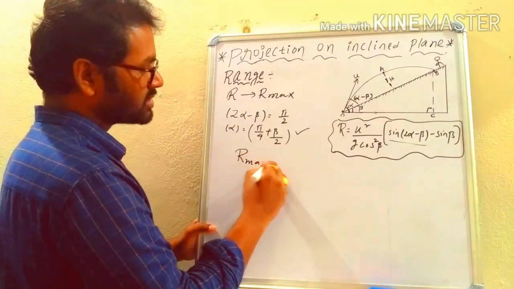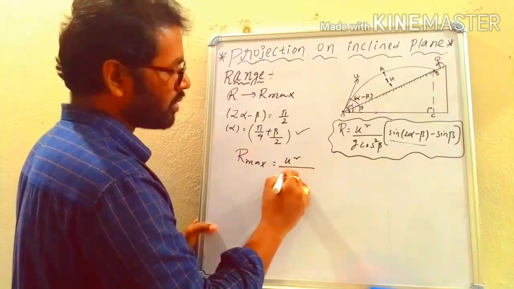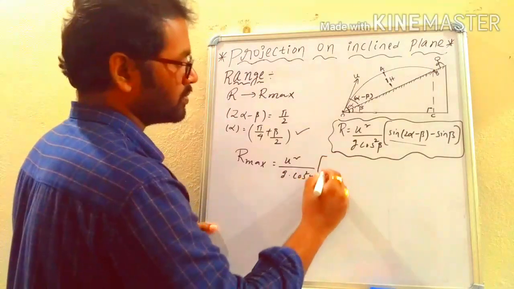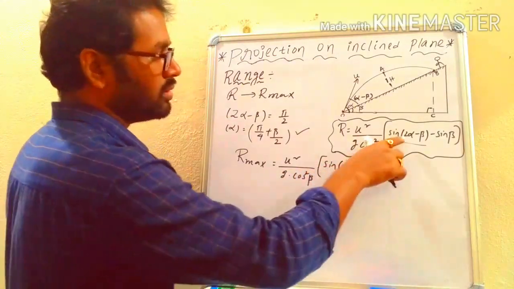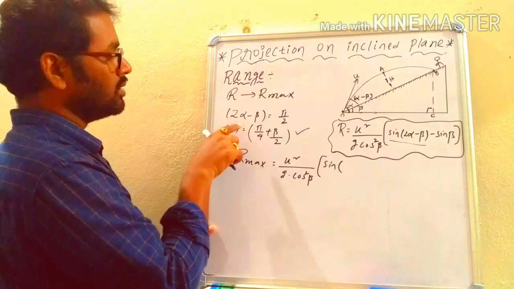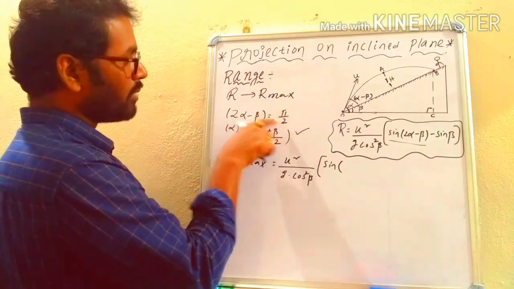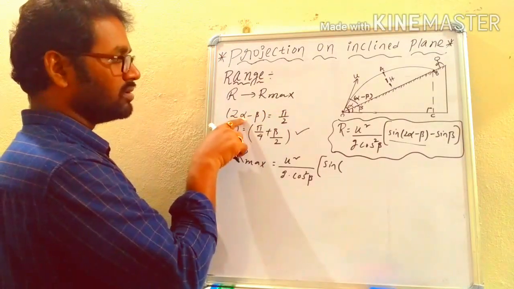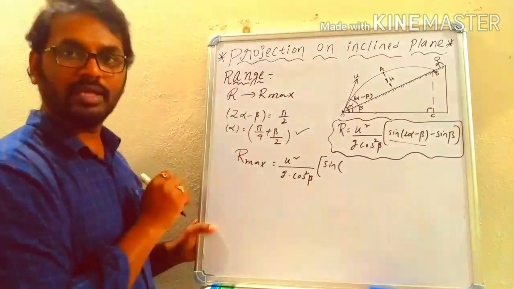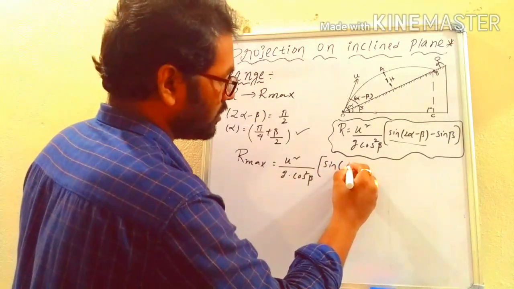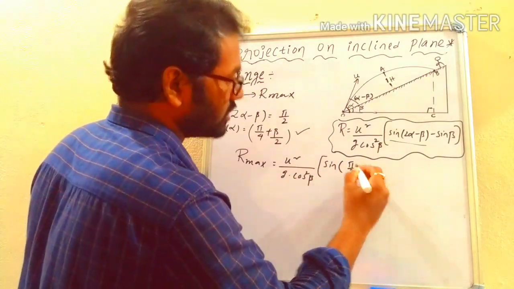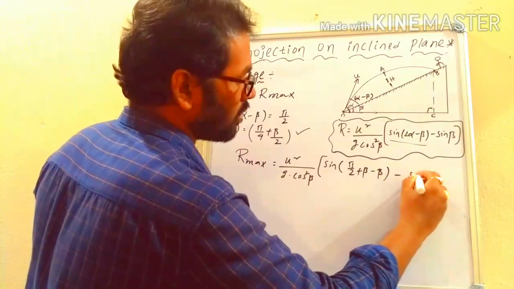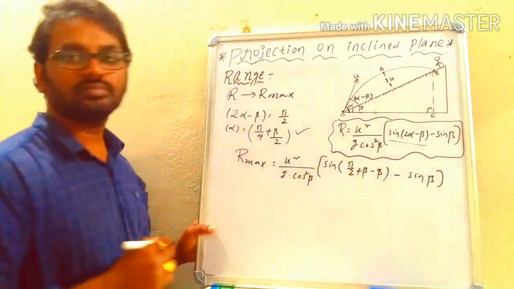Therefore, R max is equal to u square divided by g into cos square beta into sine of 2 alpha minus beta minus sine beta. There you can see 2 alpha minus beta is taken to this side, so 2 alpha is equal to pi by 2 plus beta. There you can write pi by 2 plus beta for 2 alpha, minus beta, minus sine beta.